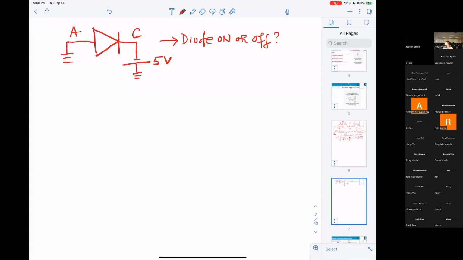Diode off. That's the one answer. Who else? Remember, this is a negative voltage, right?